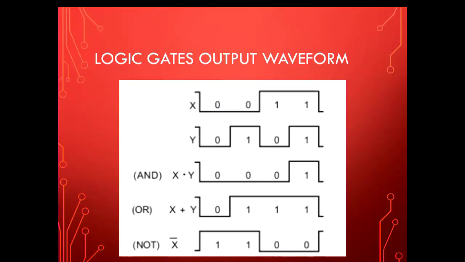The OR gate is 0 as well. For the NOT gate, which is the invert of x, x is 0, so x bar is going to be 1. Similarly, when x and y are both set to 1, the AND gate produces 1, the OR gate is also 1, and the NOT gate, the invert of x, is 0 because x was 1. We'll be doing a lot of that.